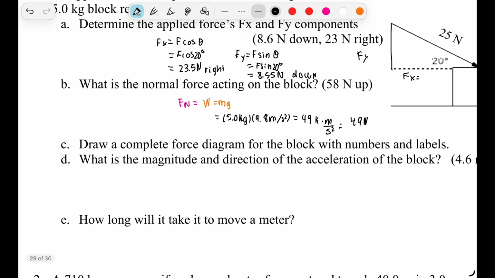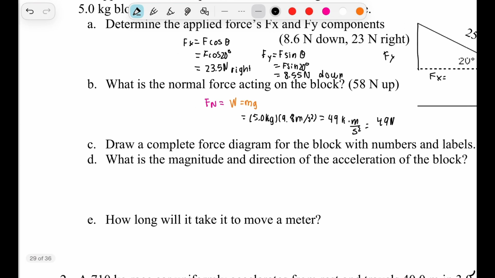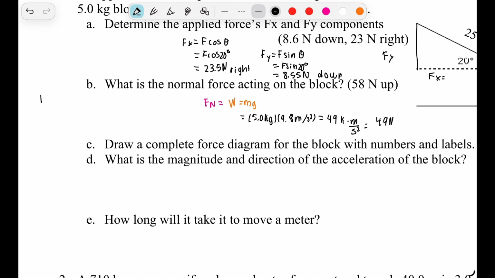Now we have to include the downward applied component. Downward, we have weight, which is equal to 49 newtons. And then vertically, we have our 8.6 newtons, which we're going to add together.